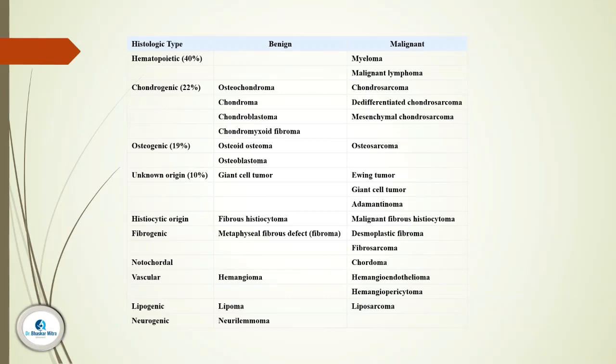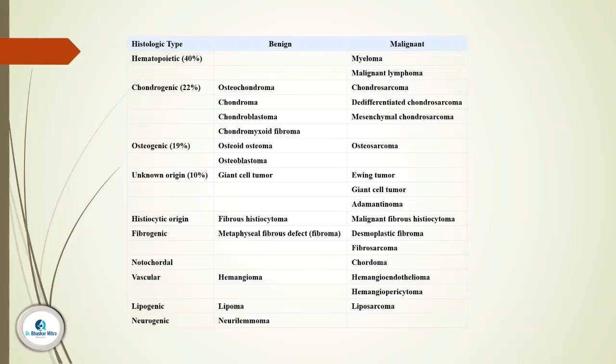Very important. Then comes the cartilage producing, so chondrogenic tumors, both benign and the malignant counterpart. Then comes the bone forming or the osteogenic lesion. There may be the histiocytic origin of the tumor cells. There may be fibrogenic or fibrous origin of the tumor cells. There may be a prominent vascular network or blood vessel component in the tumor, which is very important in the different vascular lesions. Then comes the lipogenic and the neurogenic lesions.